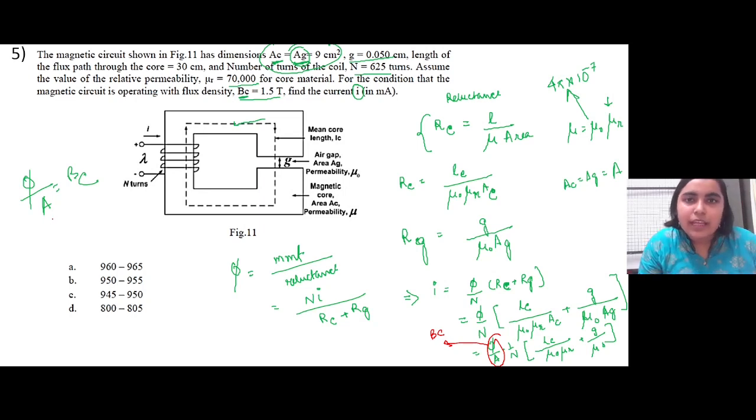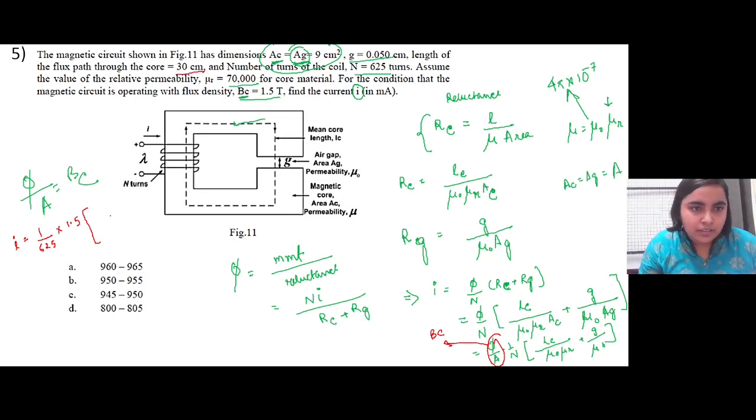So the value of N is given. So I will be equal to 1 by N, which is 625. Flux density Bc is given as 1.5 Tesla. Length Lc is given as, where is Lc given? Length of the core is 30 centimeter.